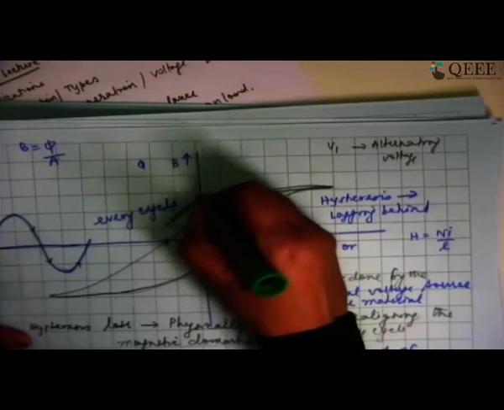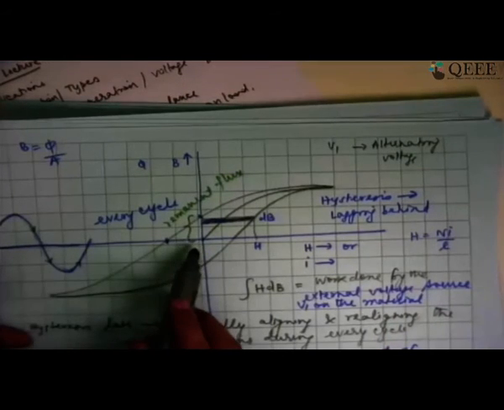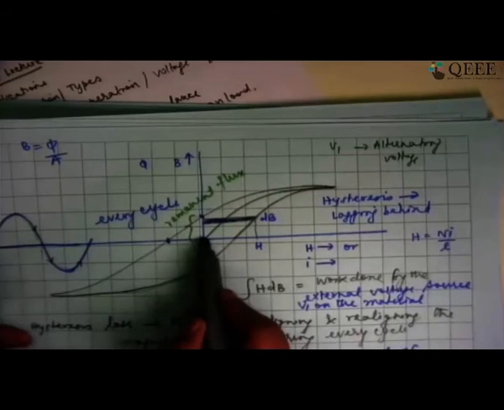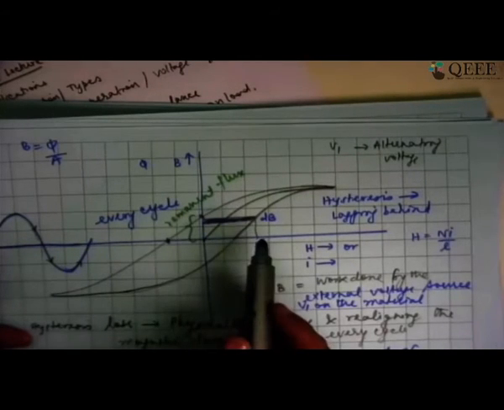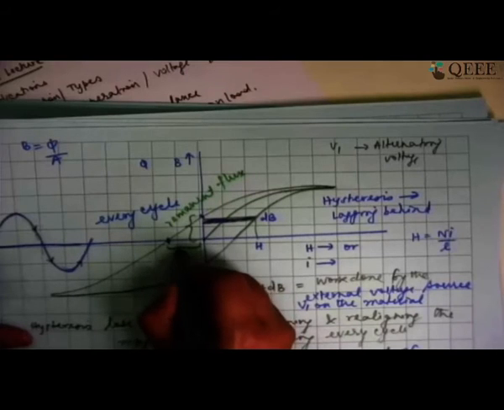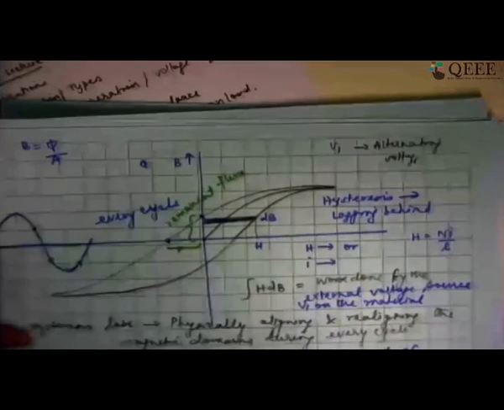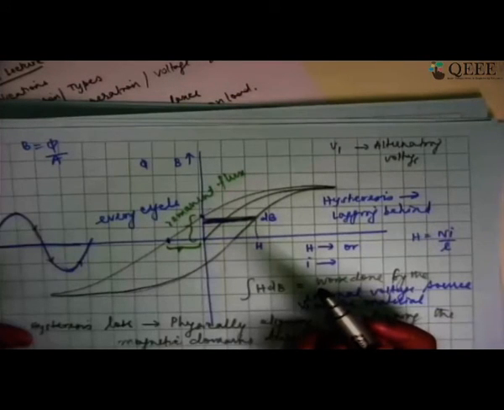This I said is remnant flux, or remnant flux density. What is left over even at 0 current in the form of flux, we call remnant flux. But for that flux to be brought down to 0, I need to give this much current. If I don't give this much current, I am not able to bring back the original 0 flux state of this ferromagnetic material. This is called coercive force, or coercivity.